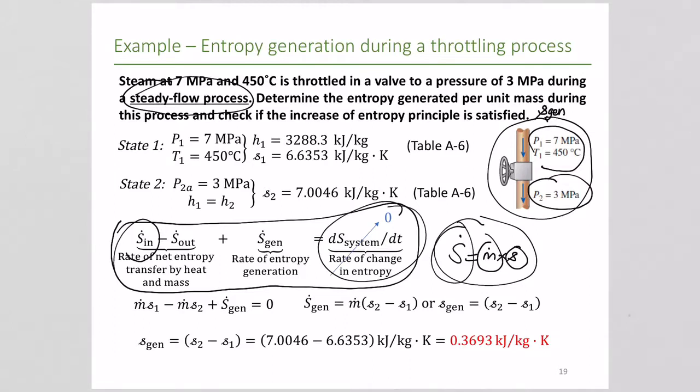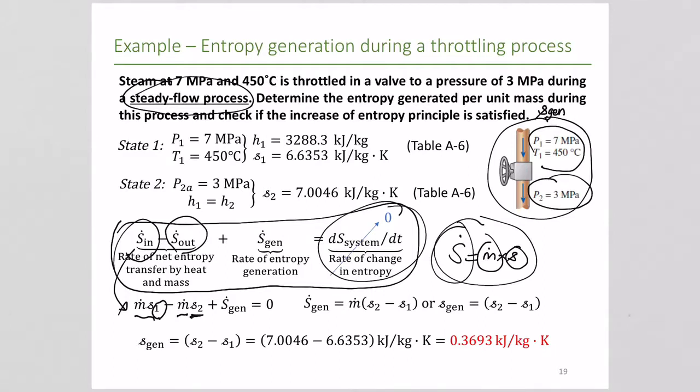So instead of writing capital S dot in this equation, I can write m dot times a lowercase s1, signifying the inlet entropy. Okay, so what is getting out? What entropy is getting out? It's minus mass flow rate times exit entropy.